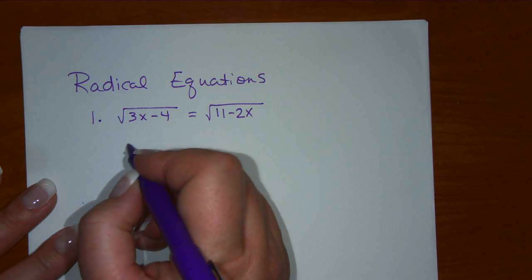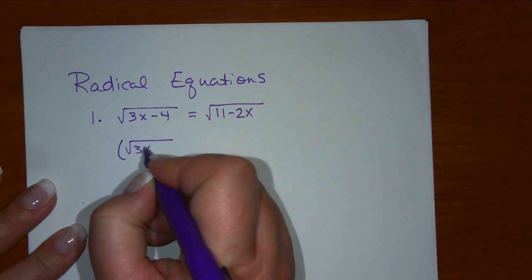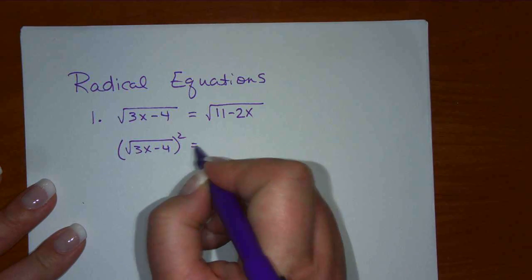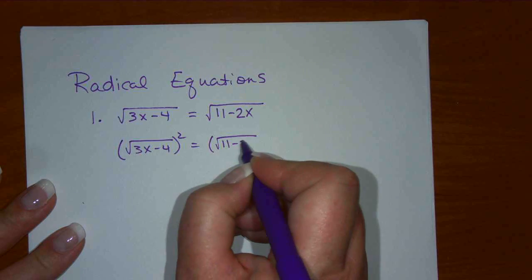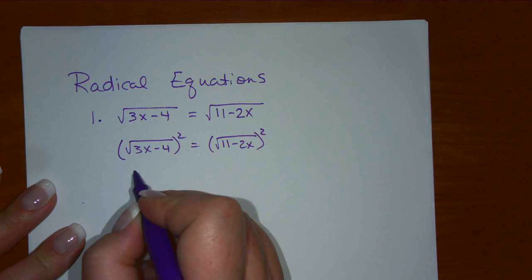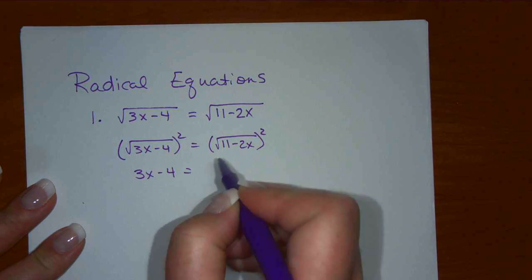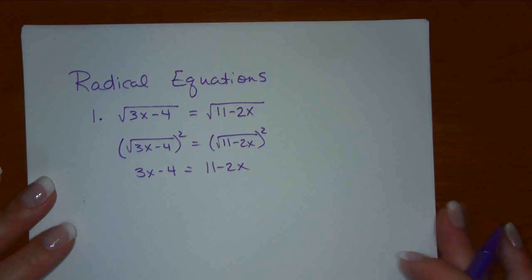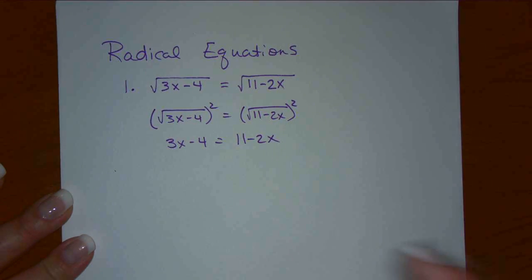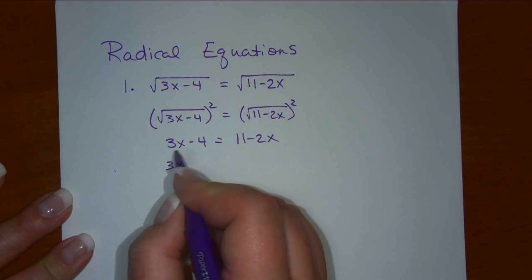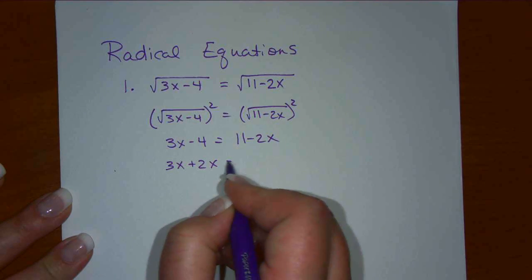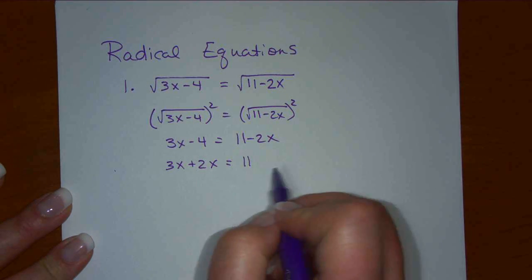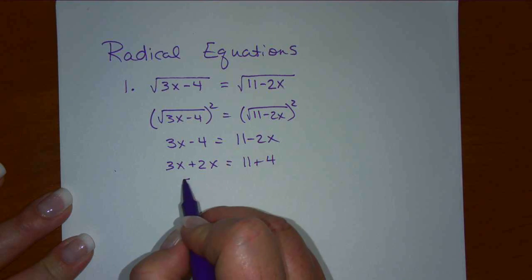So square both sides. That gets rid of the radicals. And then we just solve as usual. So 3x, bring the 2x over, becomes plus. 11 is on the right, bring the 4 over, it becomes a positive.